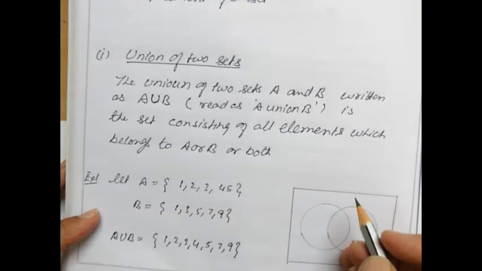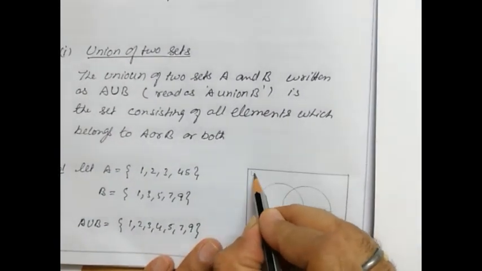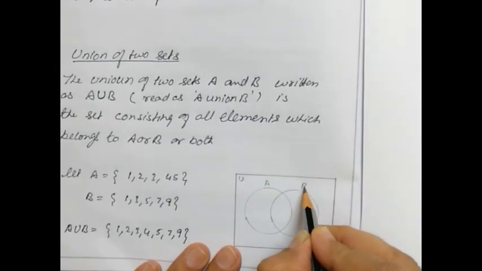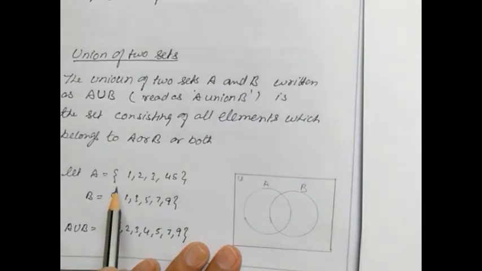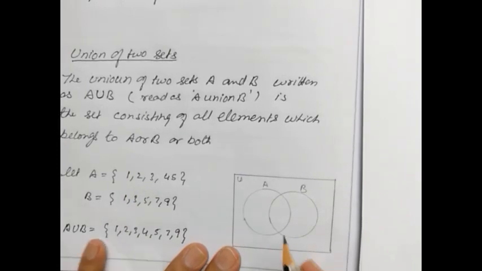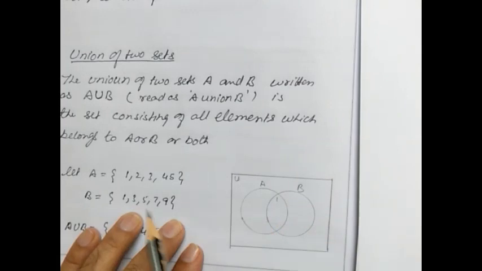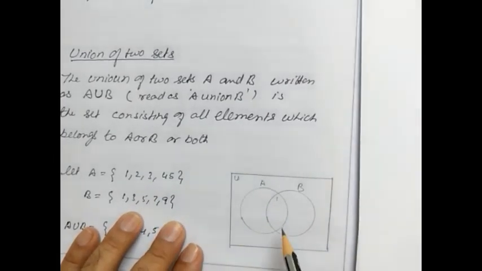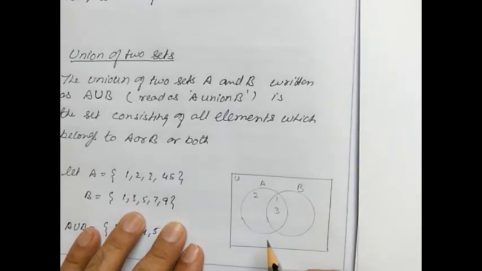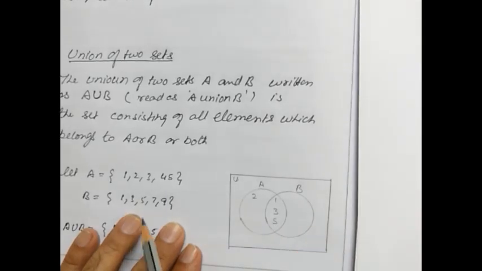When we represent this in a Venn diagram, we have the universal set, this will be set A, and this will be set B. As per this, 1 is common to both sets, so we write it in the center. 2 is not common with B, so we write it here. 3 is common, and 5 is common to both sets, so I will write them in the center.